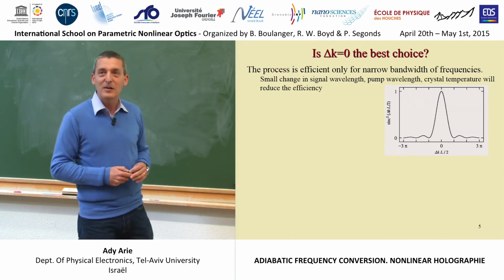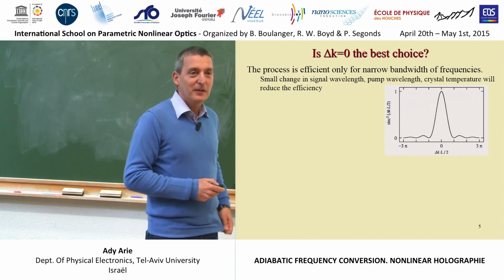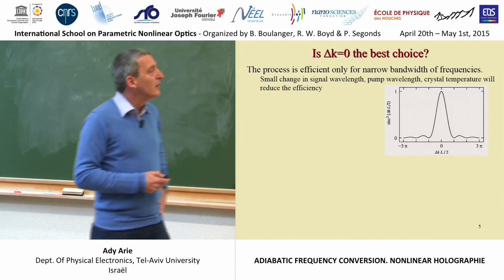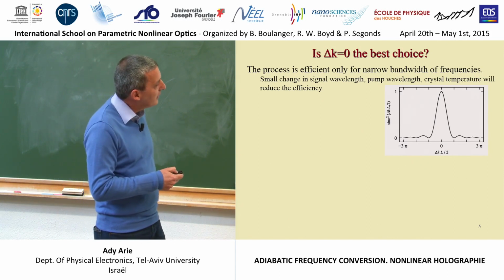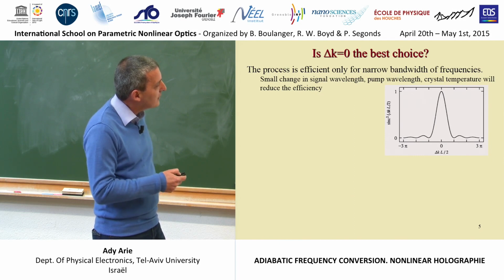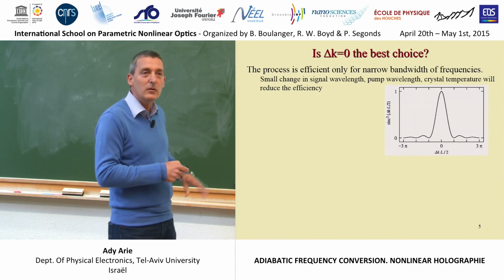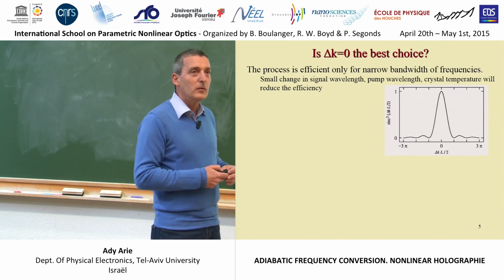So I will now claim that it's not. And in fact, I will show you something which is better than having delta k equals 0. So what's wrong with this? First of all, this is the efficiency as a function of delta k. If we are exactly at delta k equals 0, then everything is fine. We can have good efficiency.